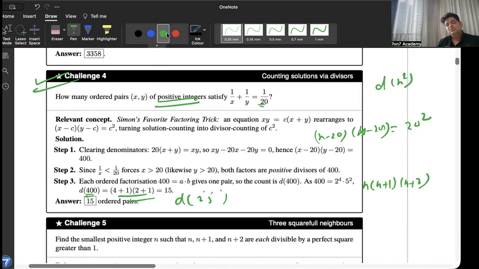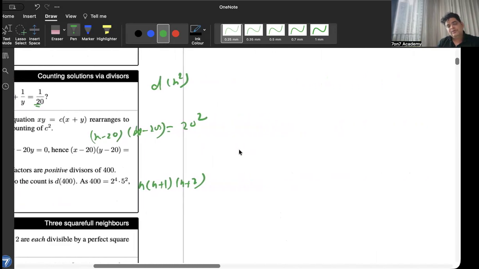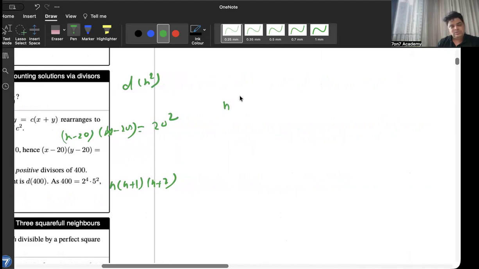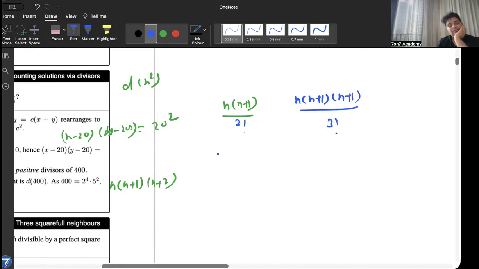Can anyone tell me the rule, if I want to multiply consecutive integers, like n, n plus 1, what will it be for sure divisible by? It is always divisible by 2 factorial for sure. If you multiply 3 consecutive numbers then it will be divisible by 3 factorial for sure.